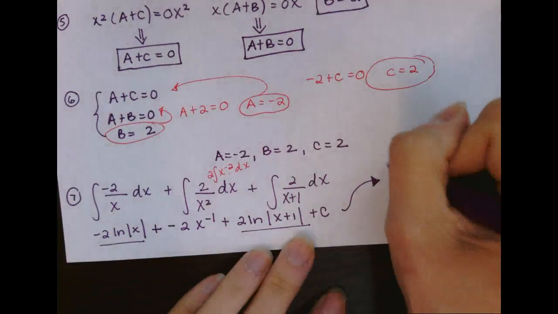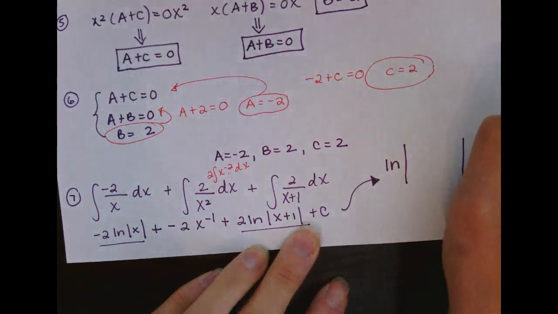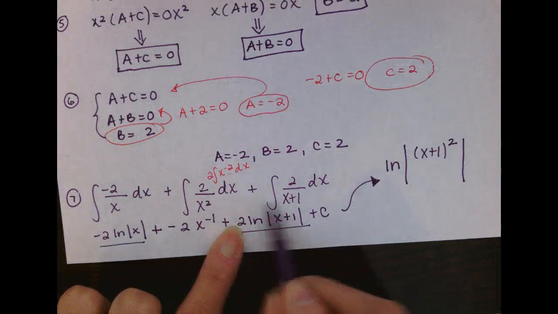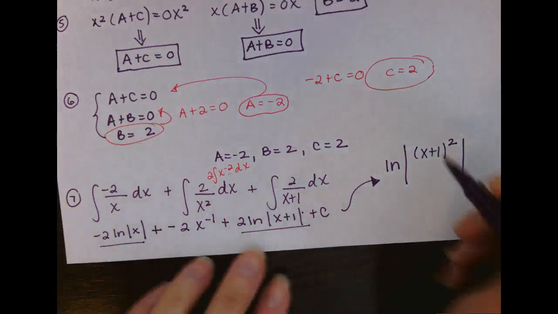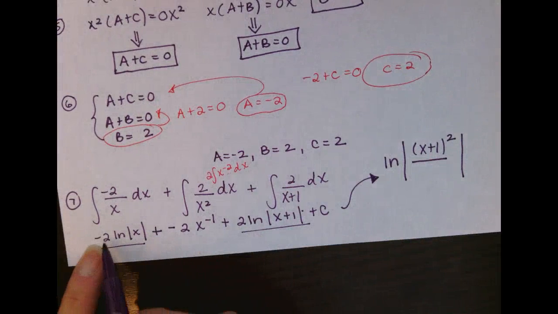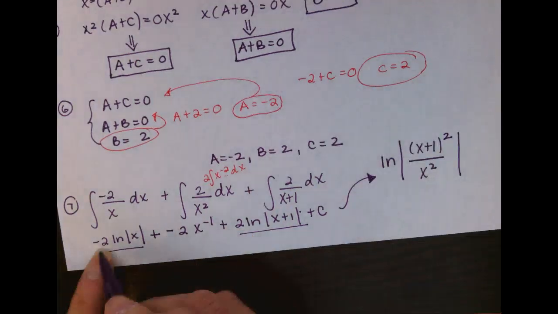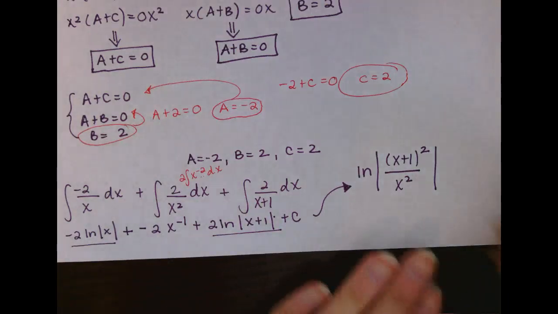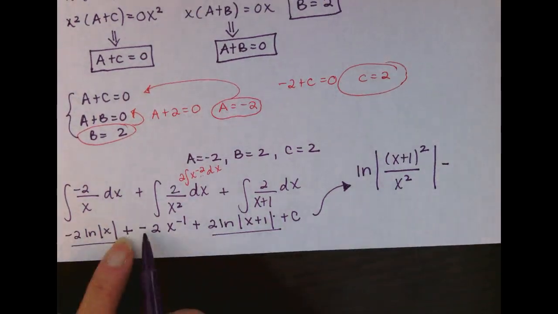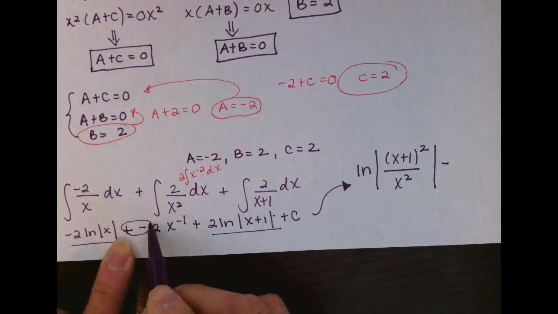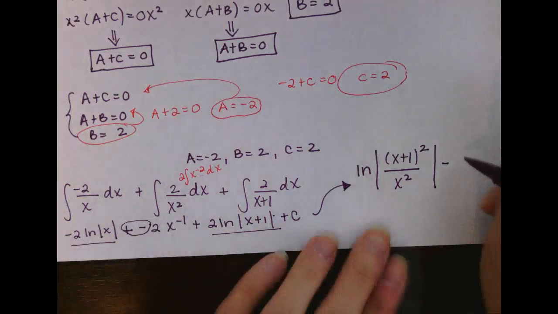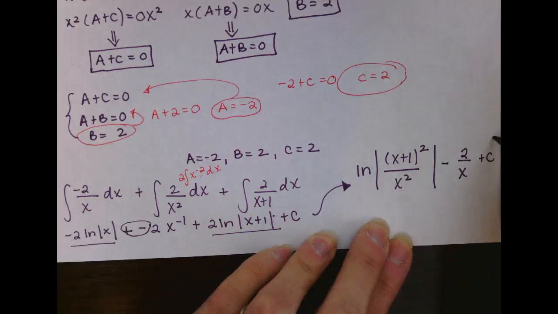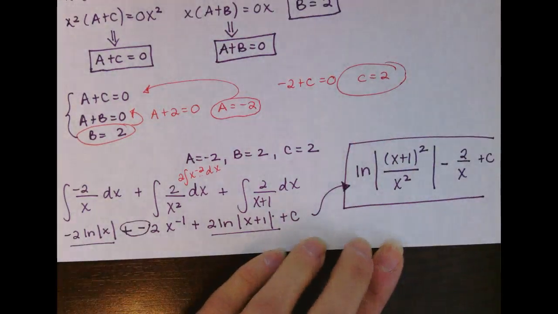So when I go to combine them into a single natural log, what I get is the x plus 1 squared, remember the squared coming from that constant multiple, which makes it a power, over x squared. Same idea here with the power coming up here. But because it's negative, it goes on the bottom. And then I also have plus a minus, which is just subtract 2 times x to the negative 1, or 2 over x, plus c. So that'd probably be a good way to write that answer.